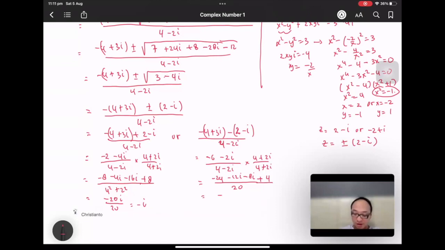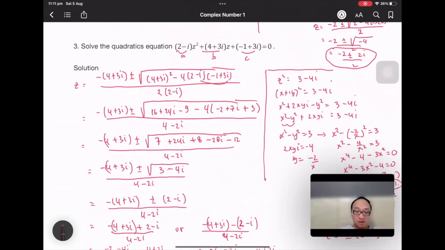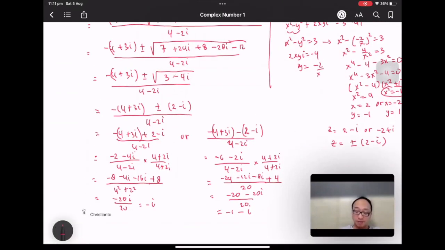So it's negative 20 minus 20i over 20. So it's negative 1 minus i. So the roots of the quadratic are z equals negative i or z equals negative 1 minus i.